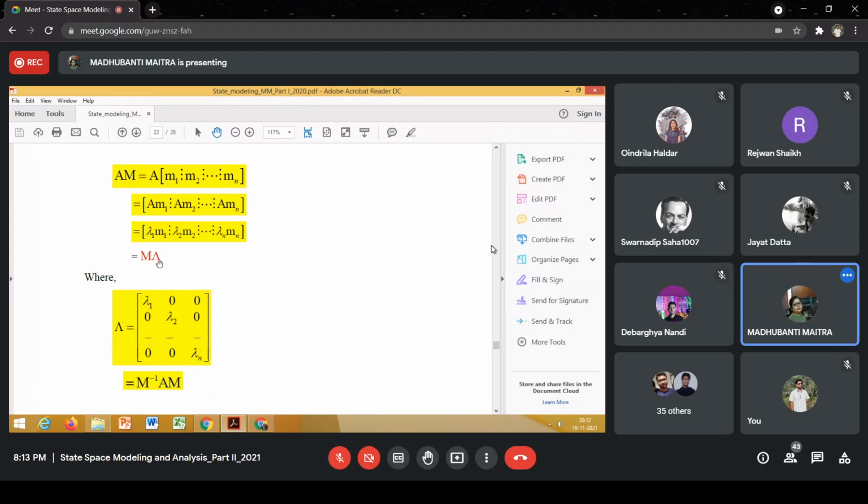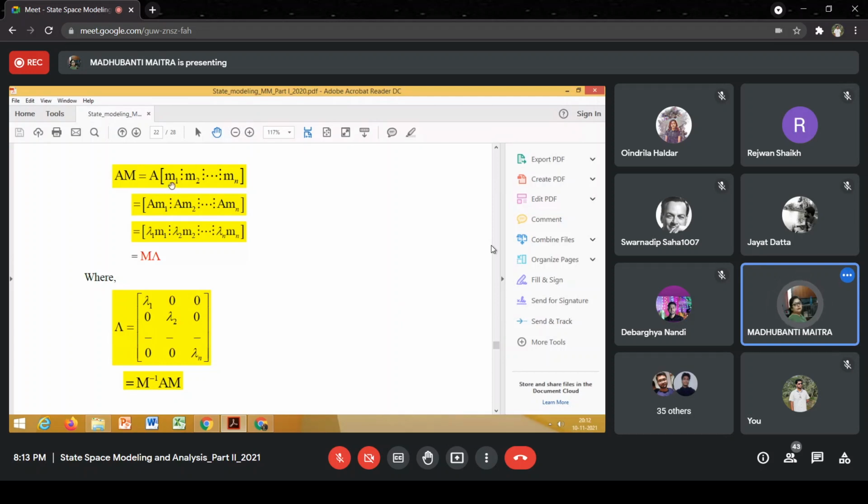So the diagonal matrix can be obtained with the help of this operation, that is M inverse AM. The diagonal matrix is equal to M inverse AM.